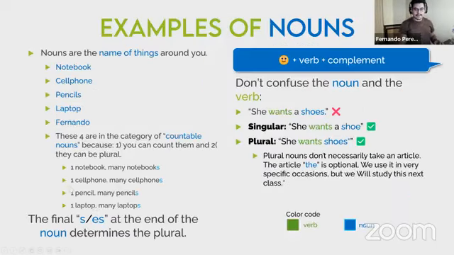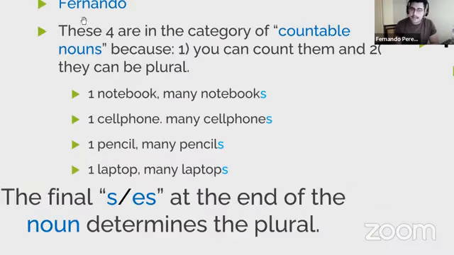And then we have very important information here. These four are in the category of countable nouns. Countable nouns because, number one, you can count them. And number two, they can be plural. When a word is plural, the word is a noun. In English, attention.